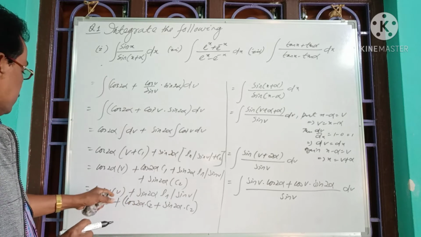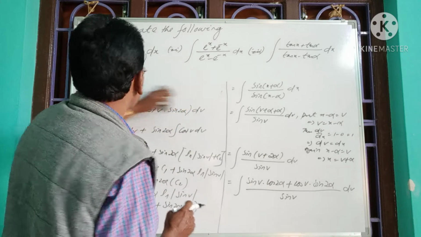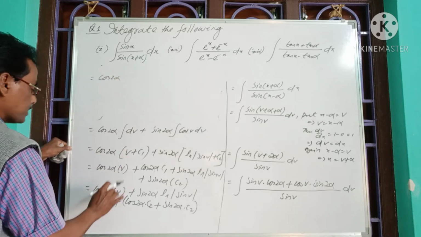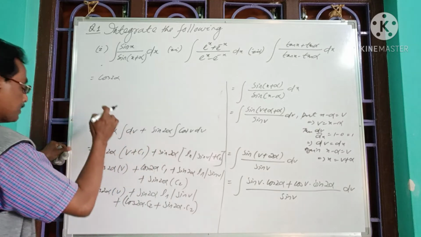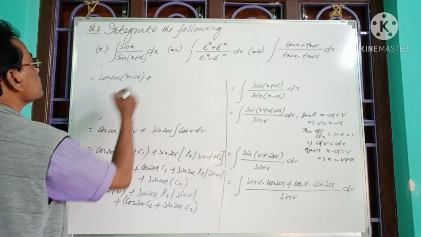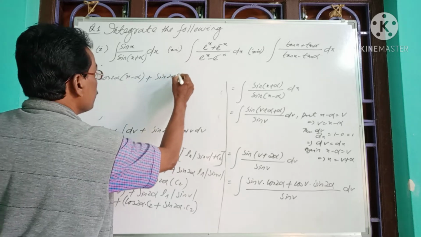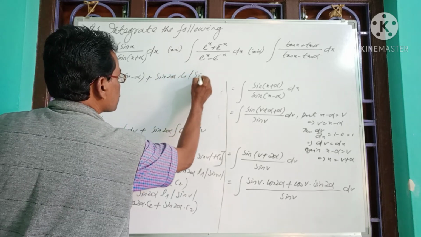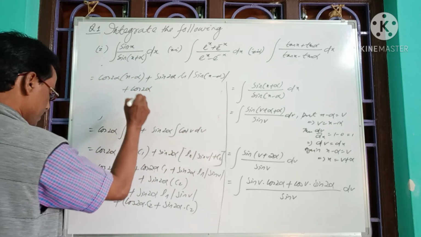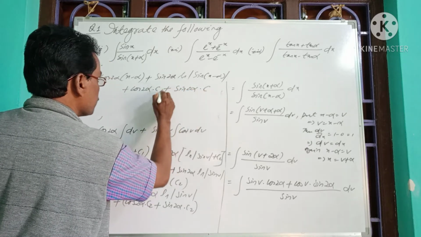So finally replacing v as x minus alpha, we have cos of 2 alpha, so in place of v we have x minus alpha. So putting x minus alpha for v, we have cos 2 alpha into (x minus alpha) plus sin of 2 alpha into ln of mod sin of (x minus alpha), plus cos of 2 alpha into c1 plus sin of 2 alpha into c2.